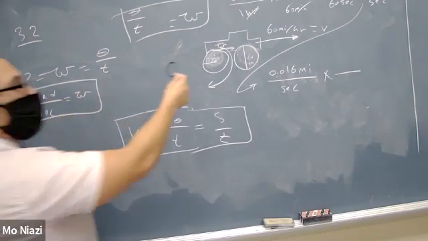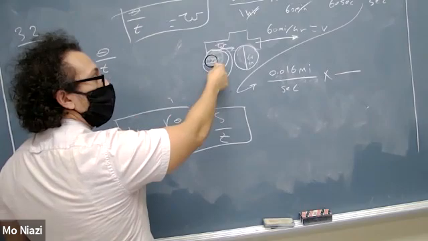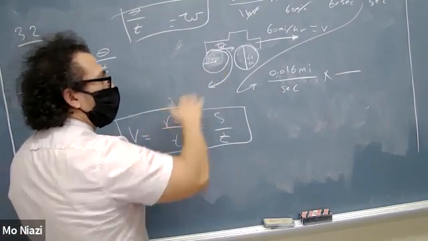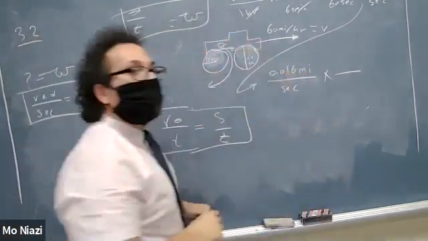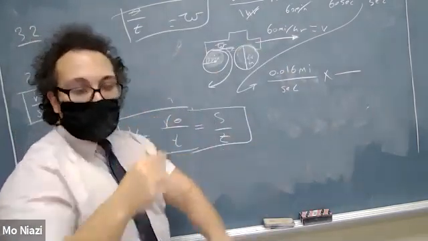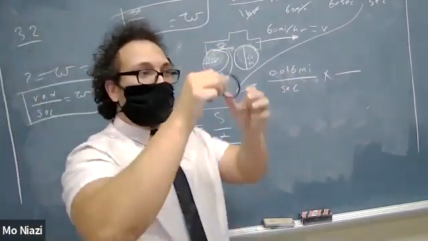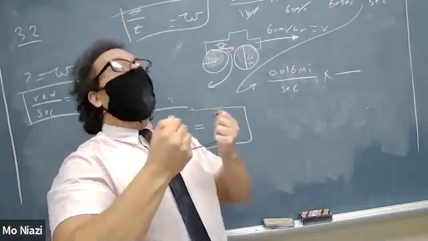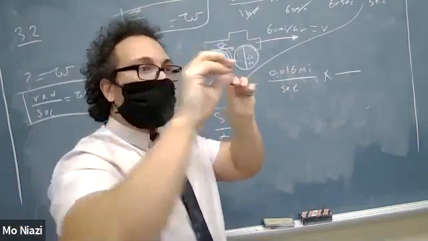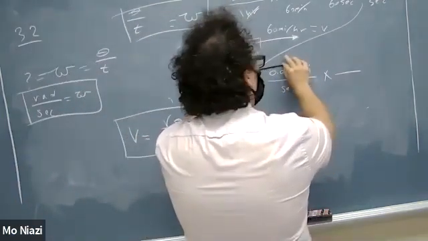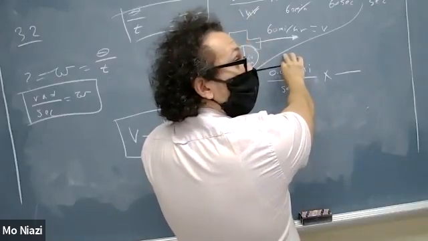Look guys, imagine this is the wheel. I want to know what linear distance the wheel moved in one full rotation. That's equivalent to getting the wheel, flattening it out. How much is this distance?